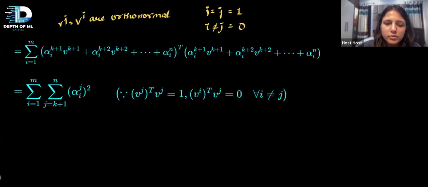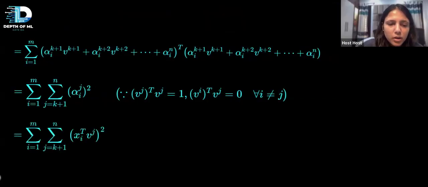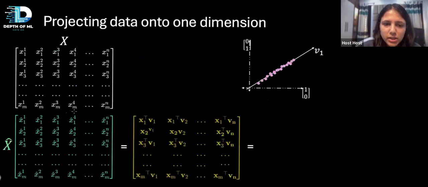Okay? Make sense? Yes, no? Okay. Now these alphas, right? What were these alphas? These were my coordinates for projection, right? So it was basically xi transpose bj. We had seen this in the last lecture, that this is basically alpha.